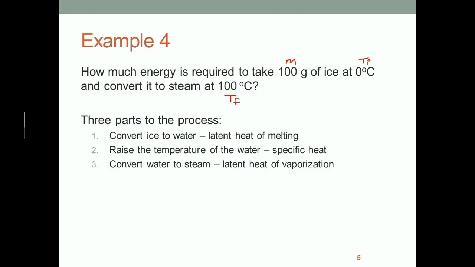This involves the latent heat of melting or fusion, sometimes it's worded as. Once it's all water, you can then raise the temperature of the water. We do that using specific heat. And then once it's up to 100 degrees Celsius, we convert it completely over to steam. That requires the latent heat of vaporization. Let's do the first step.